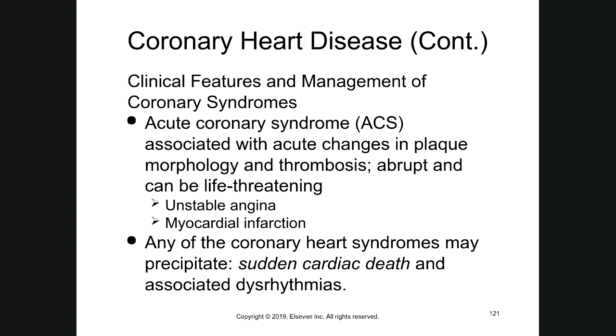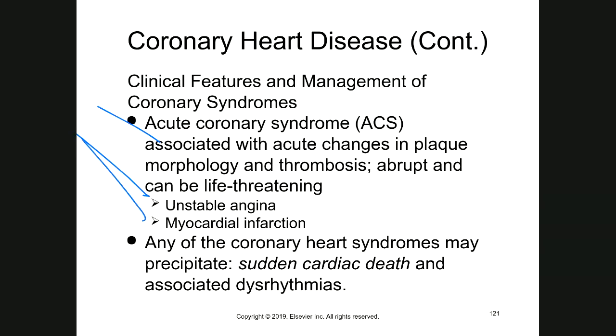Now, we have the famous acute coronary syndrome that I know many of you have some difficulty understanding. But remember that it is associated with acute changes in plaque morphology and thrombosis, and can be life-threatening in this patient because then you have an unstable angina and even a myocardial infarction.